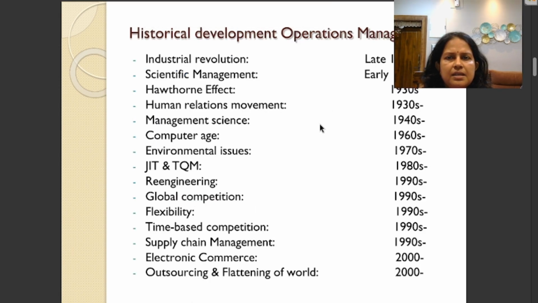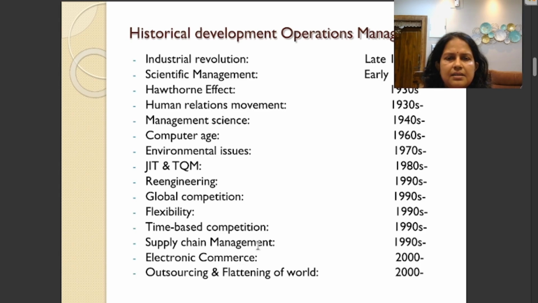This is the historical development of operations management, how the industrial revolution started, in the late 1700s, and how the whole revolution developed up to now. It is all about this slide.